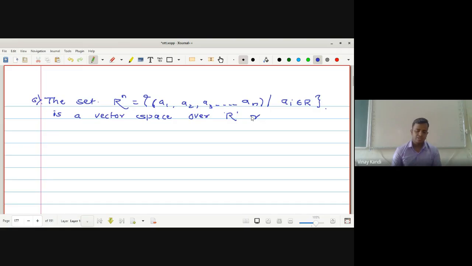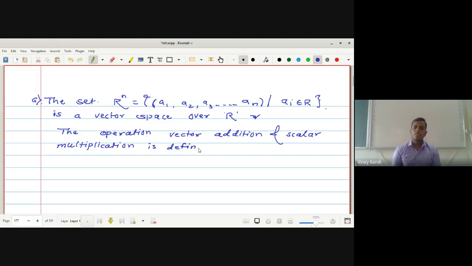Two operations: vector addition and scalar multiplication, defined as follows. Take any two elements from the set Rn, suppose A1, A2 up to so on An, plus another element from the set Rn, B1, B2 up to so on Bn.